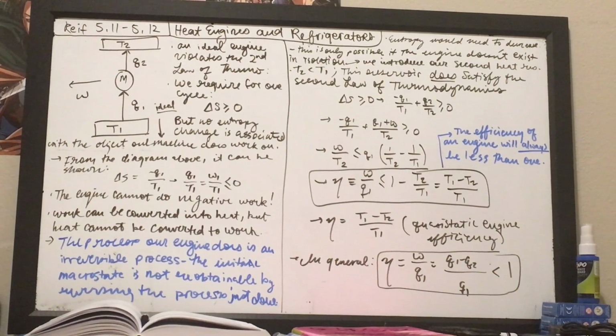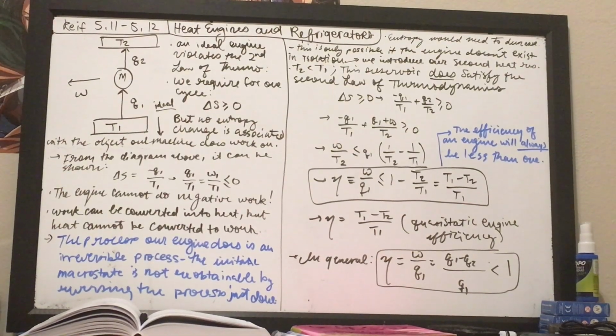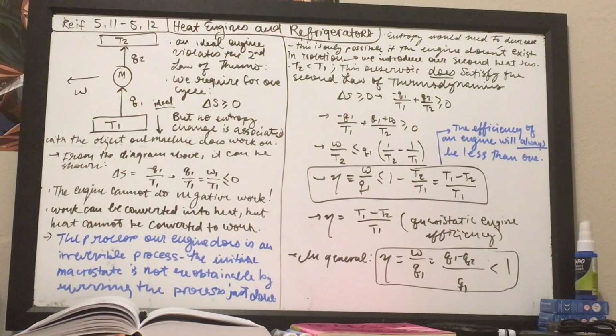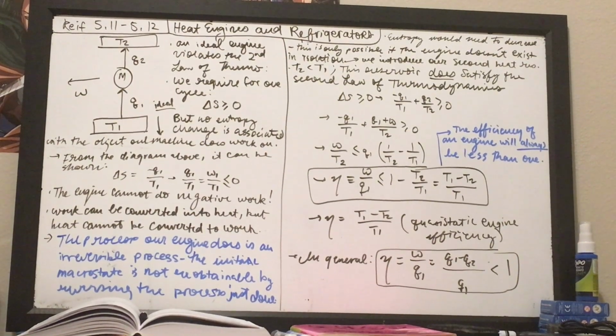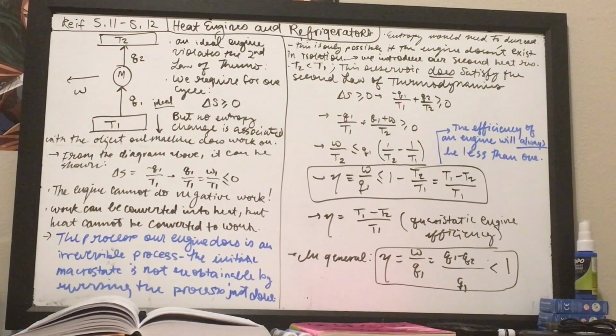When we consider that reservoir in our change in entropy calculations, we can write our change in entropy as the sum of the negative heat lost from that first reservoir plus the heat gained by the second one, divided by the respective temperatures, all equal to 0.